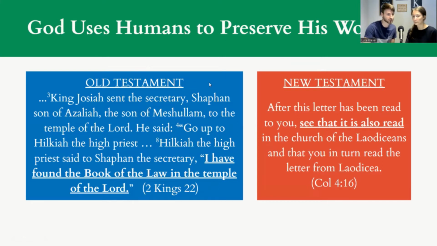We see this in the Old Testament where God has a specific people, Israel, that he is working his salvation plan through. He's working with a nation, and it's more controlled. Here we can see where Josiah finds the book of the law in the temple of the Lord. There's one book of the law, and it was kept in the temple.